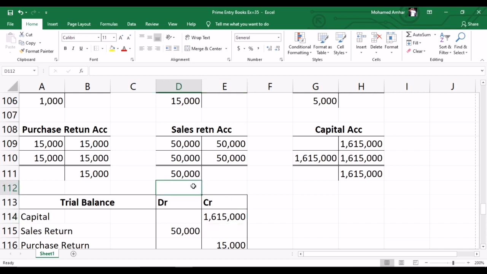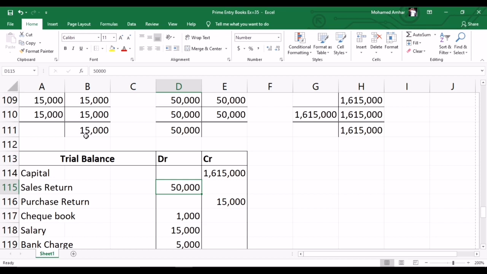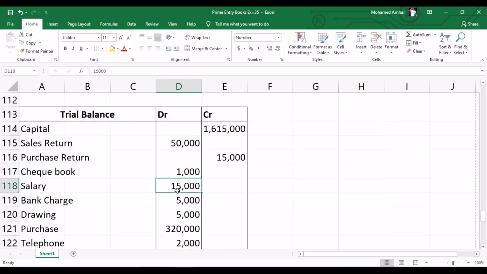Sales account balance, sales return account balance, debit side. And 15,000 purchase return account balance. Checkbook balance, debit balance. Salary account balance, debit balance.